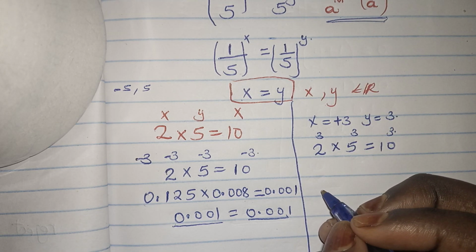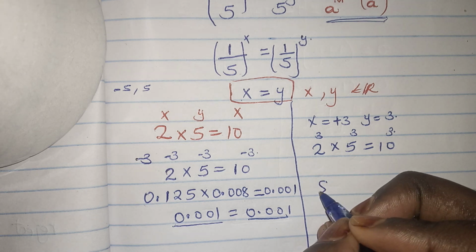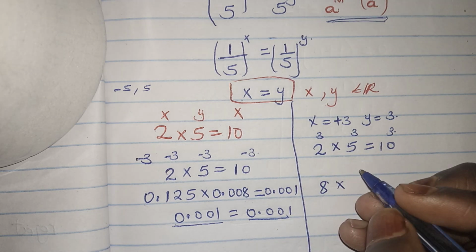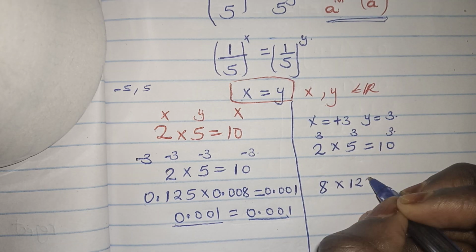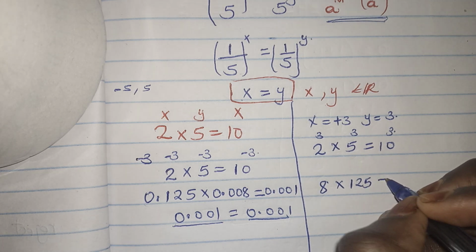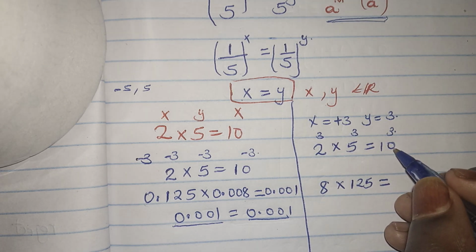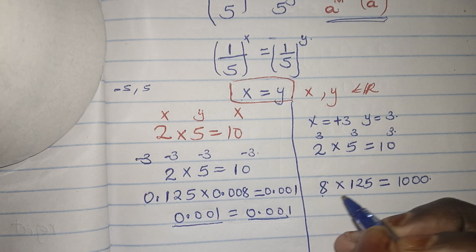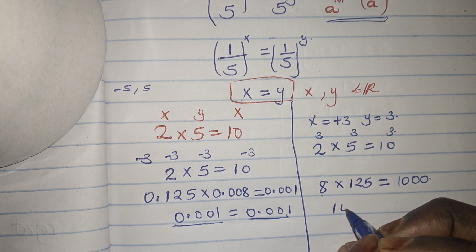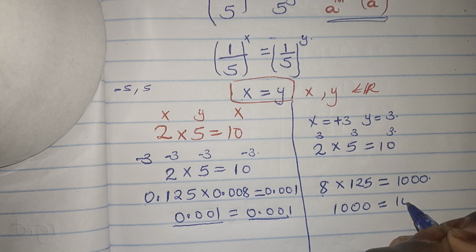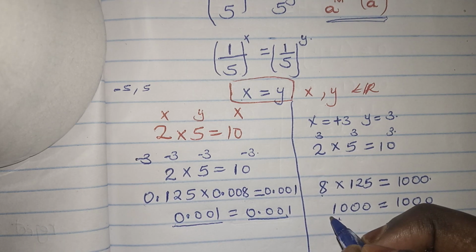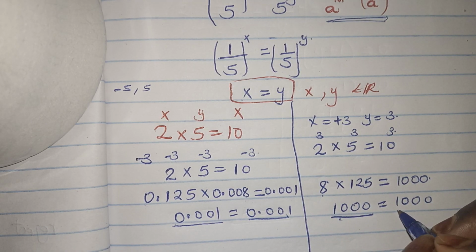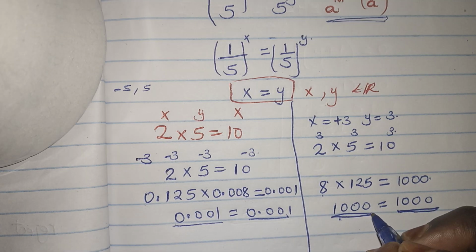So 2 to the power of 3 is 8, times 5 to the power of 3, it's 125, is equal to 10 to the power of 3, this is 1000. 8 times 125 gives us 1000 is equal to 1000. So our left side and our right-hand side are the same, meaning it satisfies the equation.